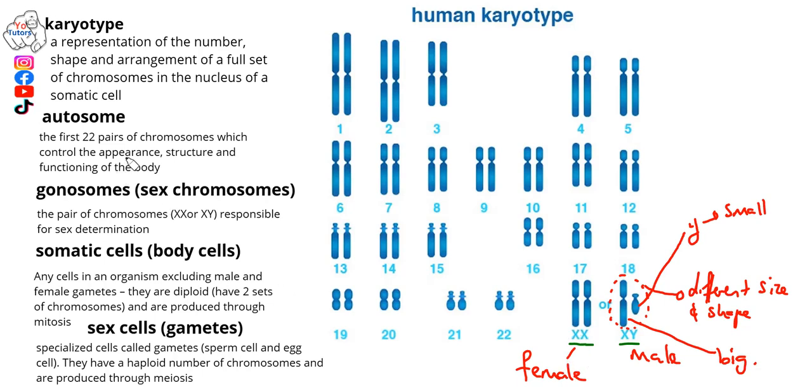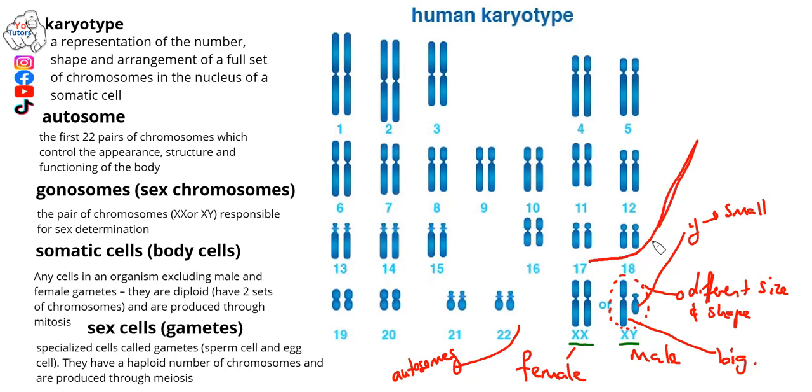Now, what are autosomes? Autosomes are 22 pairs. So we have the first 22 pairs here, and this is the last autosome. These control the functioning and the structure of the body. That's what are called autosomes, and they end here. Then we go to the gonosomes. These two are the gonosomes.